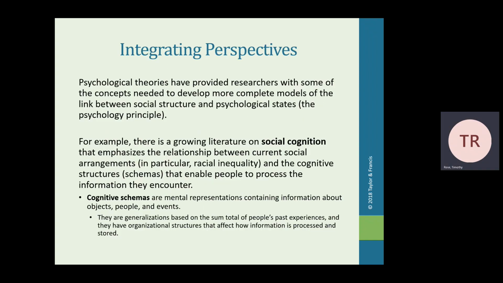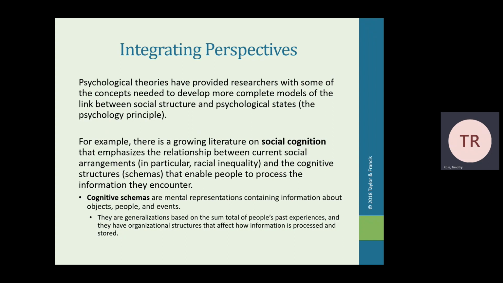Okay, final slide, integrating perspectives. Psychological theories have provided researchers with some of the concepts needed to develop more complete models of the link between social structure and psychological states, the psychological principle. For example, there's a growing literature on social cognition that emphasizes the relationship between current social arrangements, in particular racial inequality, and the cognitive structures or schemas that enable people to process the information they encounter.